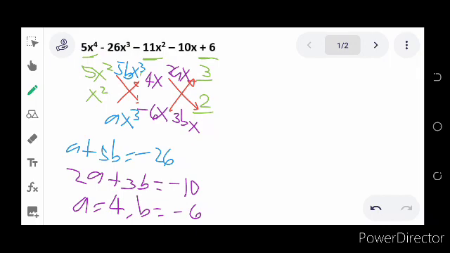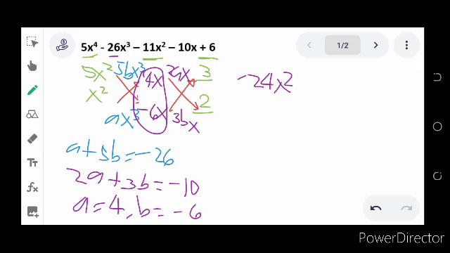Now, let's try if we can get the negative 11x squared. We multiply first 4x times negative 6x, that gives you negative 24x squared.